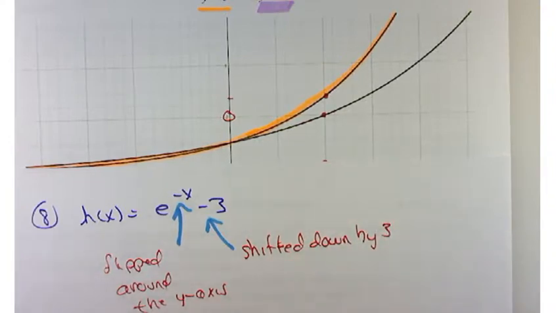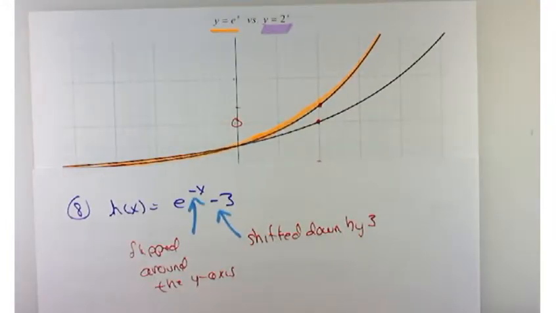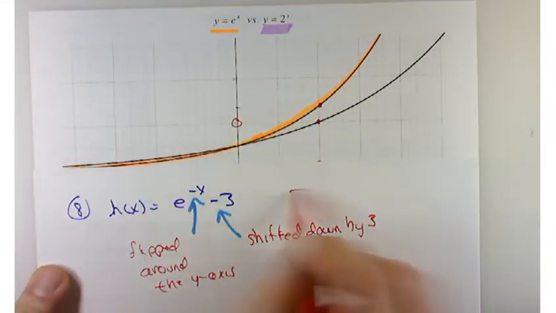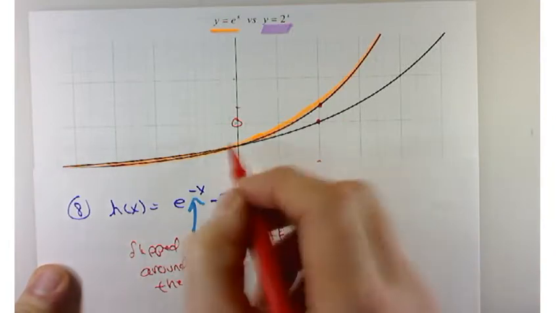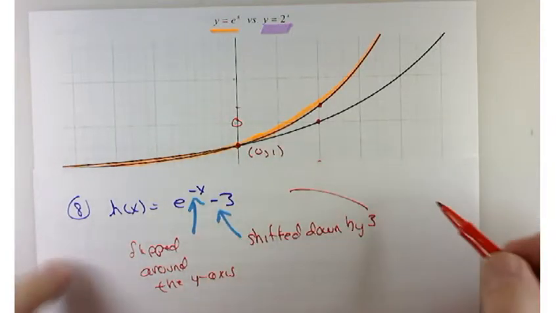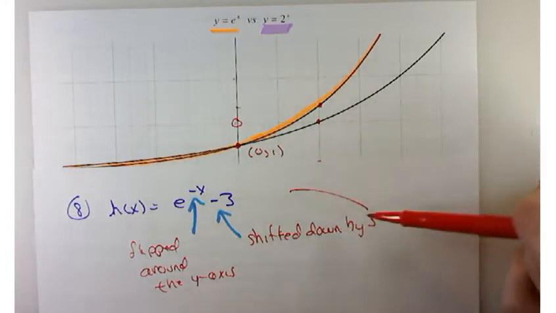So both of those changes will be made to your graph of e to the x. So in this new graph, you'd have something that kind of faces down like that. And the one point that I care about, the point (0, 1) in the old graph, would actually be at (0, -4) in the new graph.